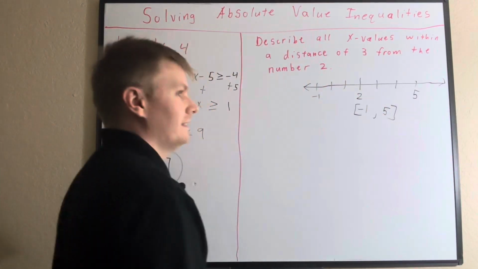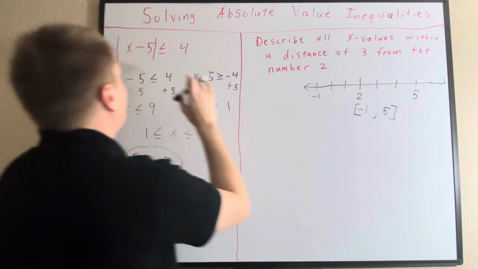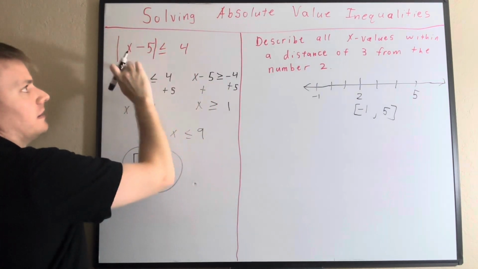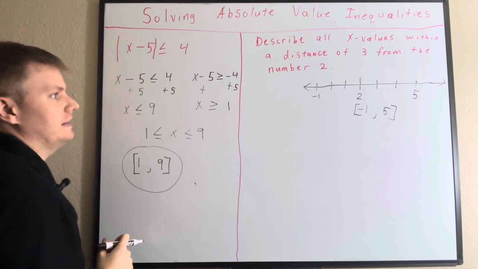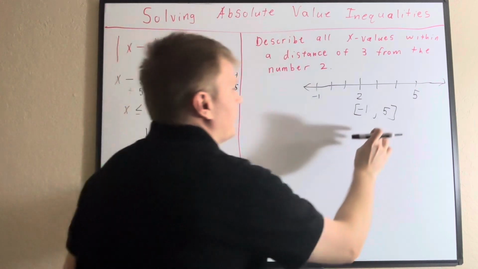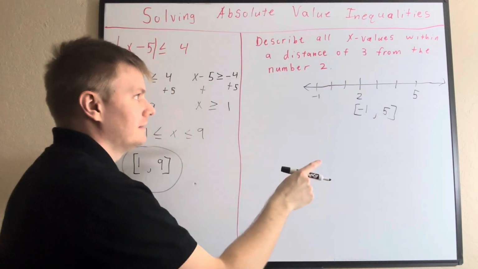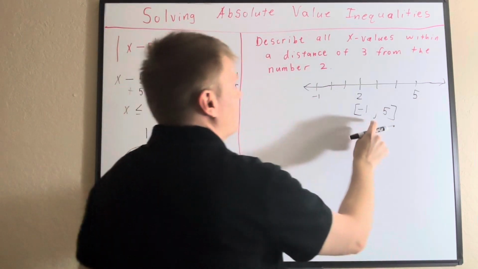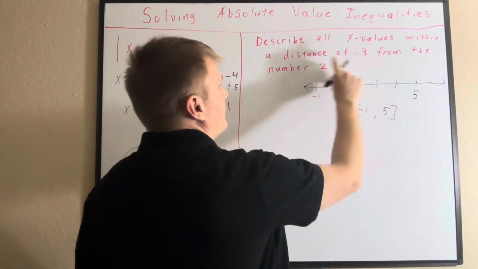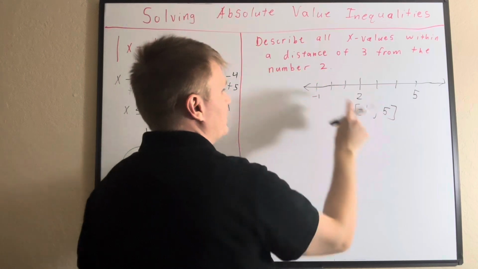Hey, we just solved it. That is not what they're looking for. They want the absolute value inequality. They want us to solve it. So all I did there was make sure that I am going to get the right answer, because I know these include all the numbers a distance of 3 from the number 2.